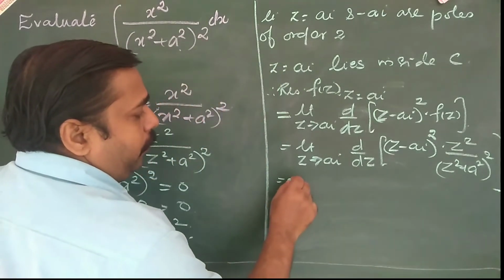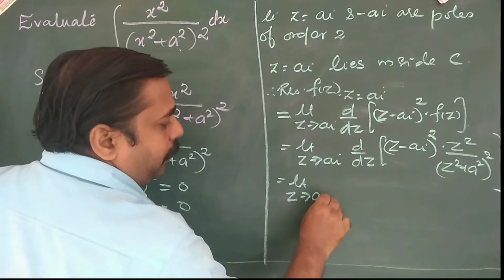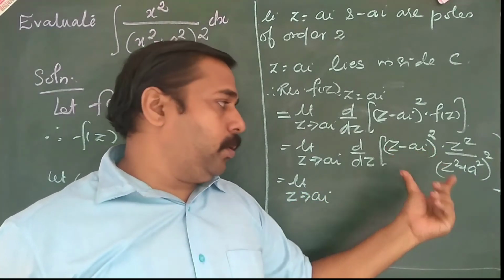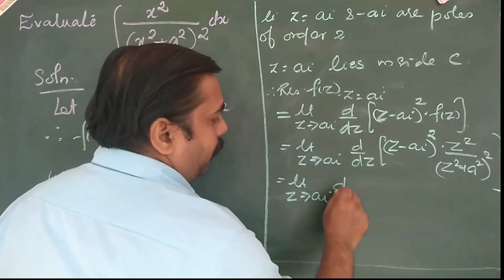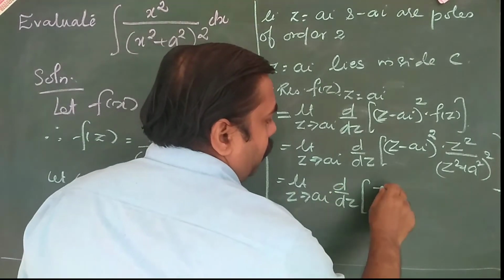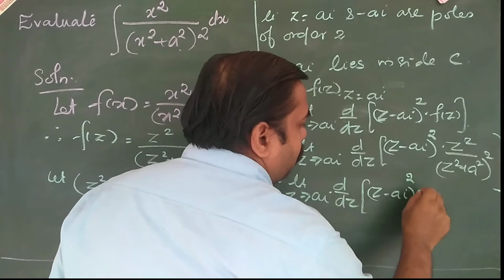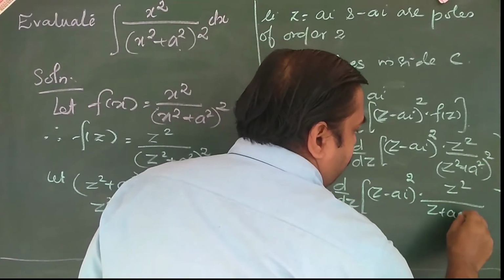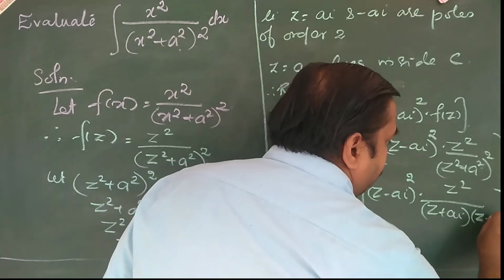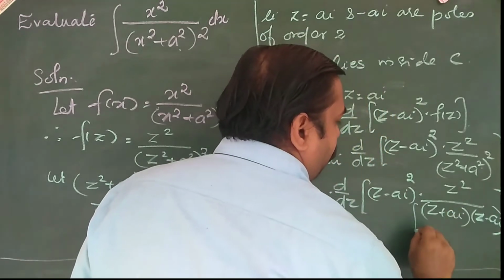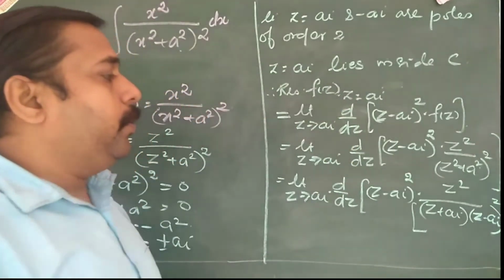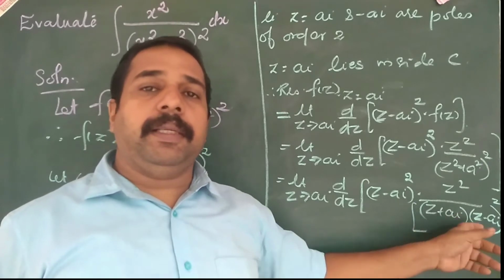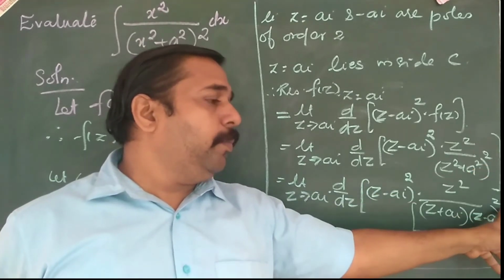We have to eliminate (z minus ai) the whole square, so that is d by dz of (z minus ai) the whole square into z square by, this can be written as (z plus ai) into (z minus ai) whole square. So z square plus a square can be written as (z plus ai) into (z minus ai). Since it is whole square, we put the square.